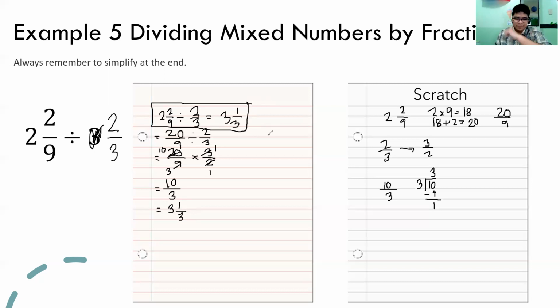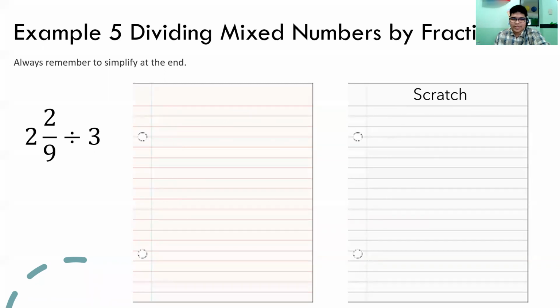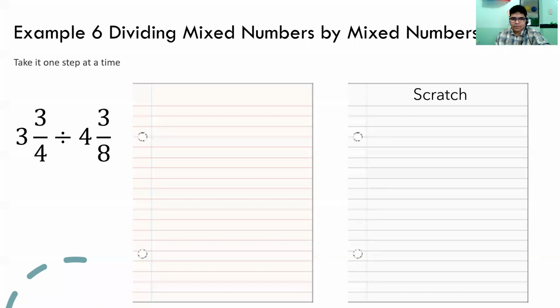So we're going to go through the rest very fast because these are just redundancies of what we have already had. So we have 3 and 3/4. Copy it again. 3 and 3/4 divided by 4 and 3/8.